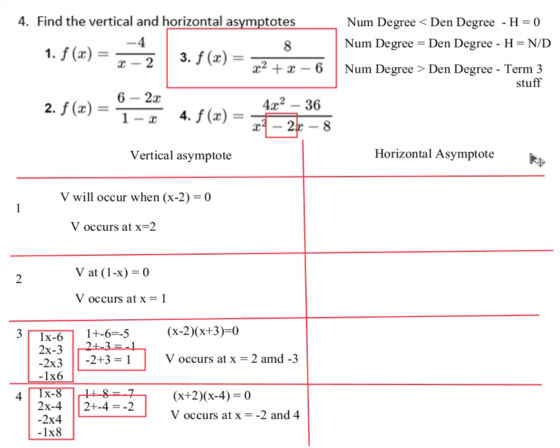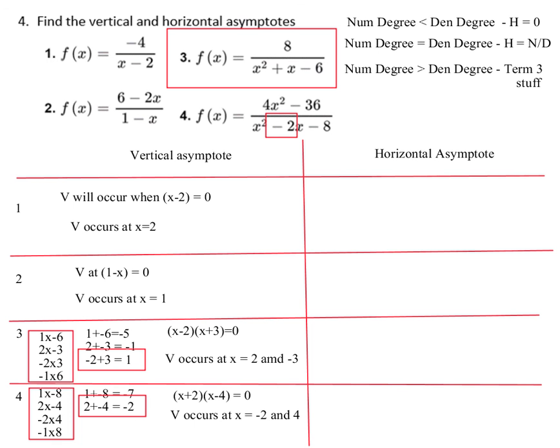So what we're looking at is the degree of the biggest degree in the numerator and the biggest degree in the denominator. If the biggest degree in the numerator is less than the biggest degree in the denominator, then the horizontal asymptote must be at y equals 0. That's just how it is.